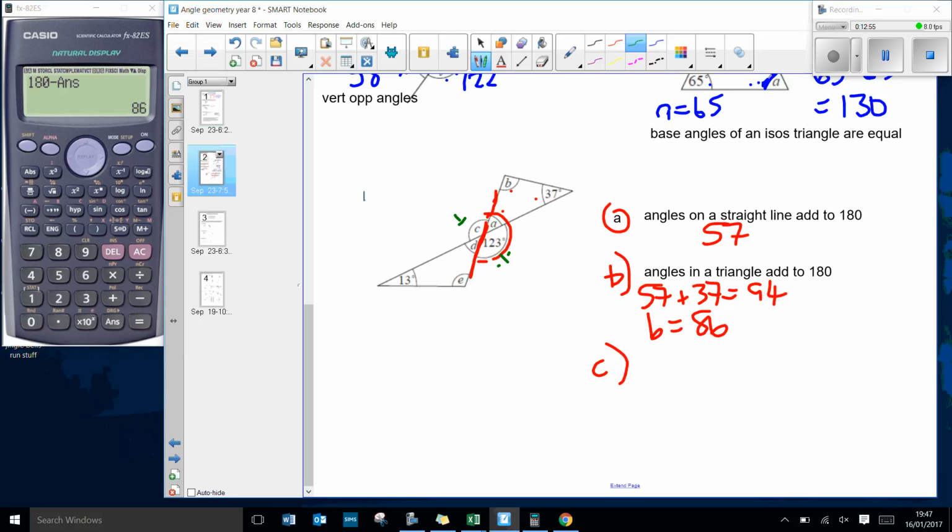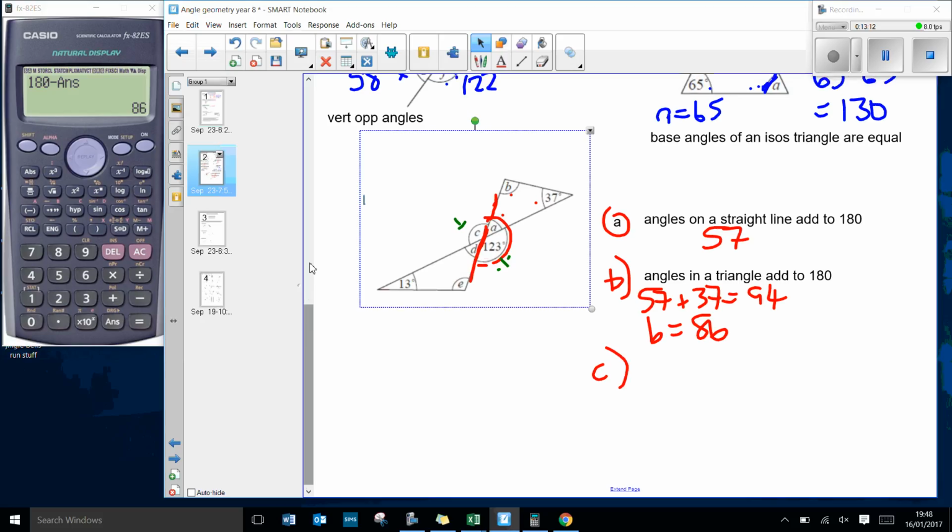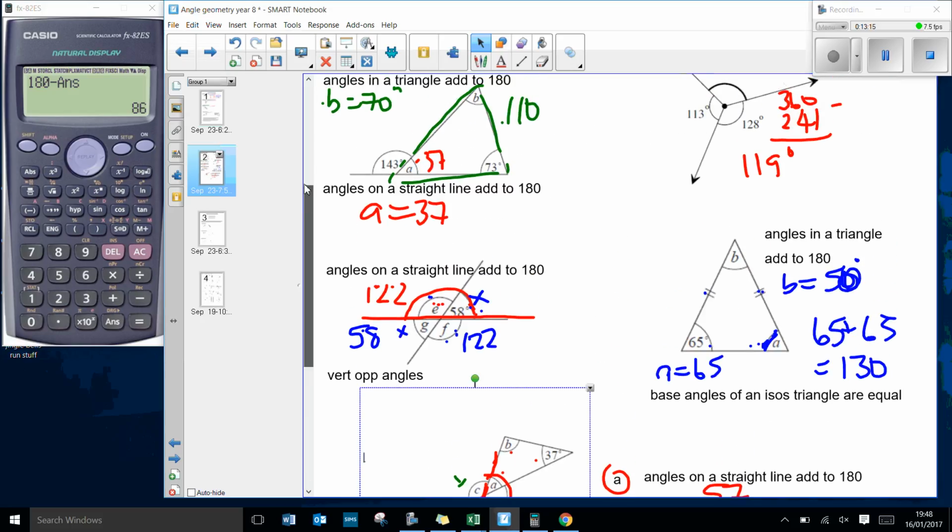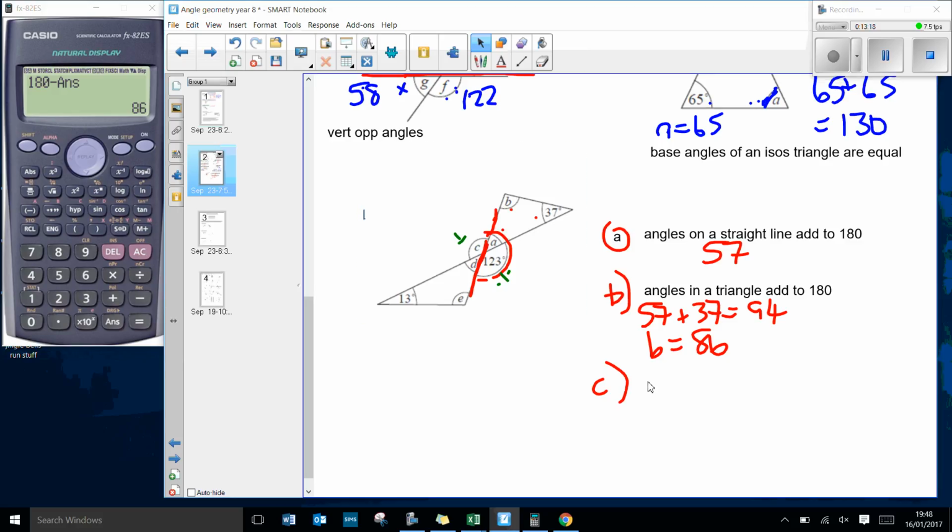So angle C, the reason is these are vert op angles, and so that would be 123. So C is 123 degrees.